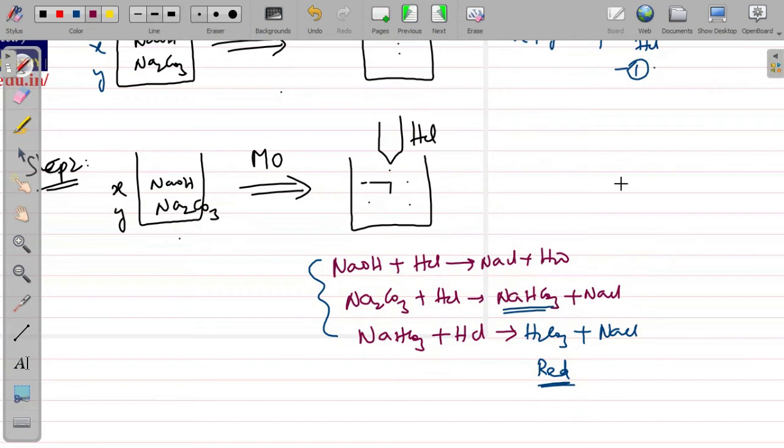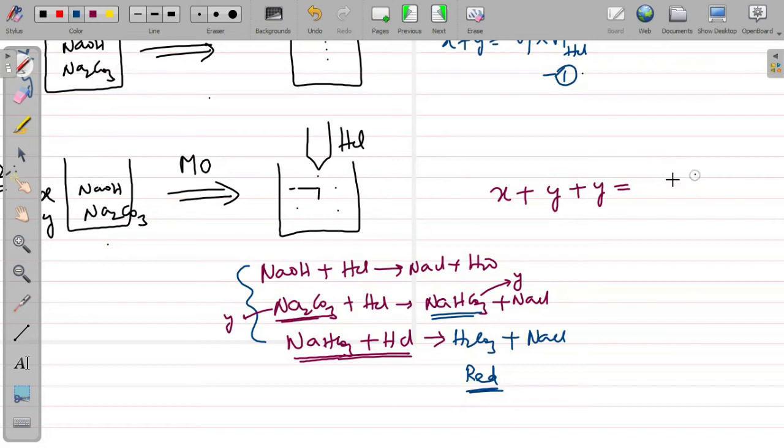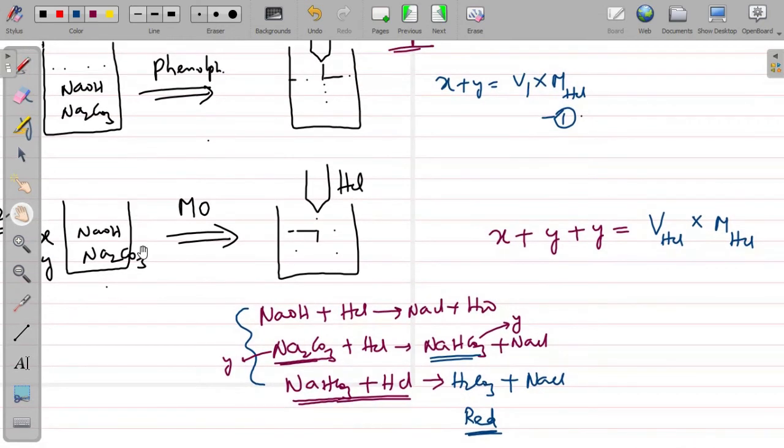Therefore here the equation will be X plus Y plus again Y, because Na2CO3 reacts once, and the product NaHCO3, which is Y, forms in the first step. When Y of Na2CO3 reacts, you get sodium bicarbonate Y, and this Y is again reacting with the HCl. Therefore X plus 2Y is the total volume of HCl into molarity of HCl.